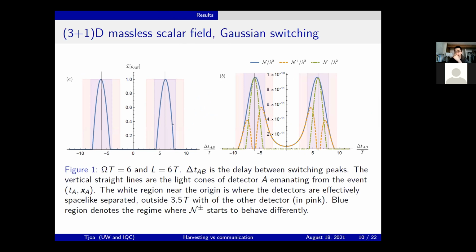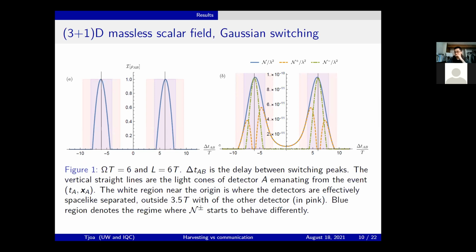And what you can see is that the entanglement estimator actually peaks at the light cone, and this peak is maximal in the sense that it is near exactly where the light cone is. And here the light cone, I measure as basically from the peaks of the switching functions of the 2 detectors. And what you see is that essentially at the light cone, practically all of it comes from communication. You see that the communication really dominates much of the entanglement that you get there.